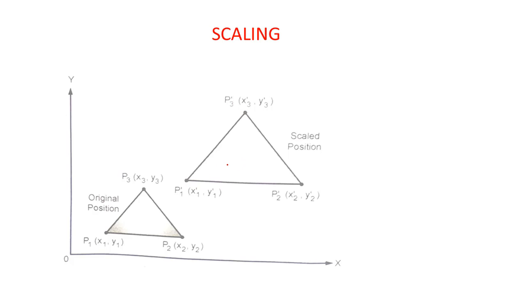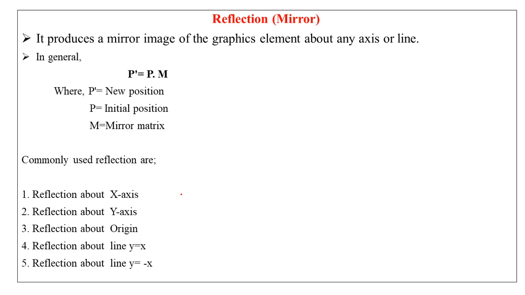Suppose we enlarge this triangle, so this is the new position, or scaled position, and here you can see the new coordinates p1 dash, p2 dash, p3 dash. This is the enlargement by scaling. You can perform either operation, enlarge or reduce the size of the object. Next is reflection, or you can say mirror.